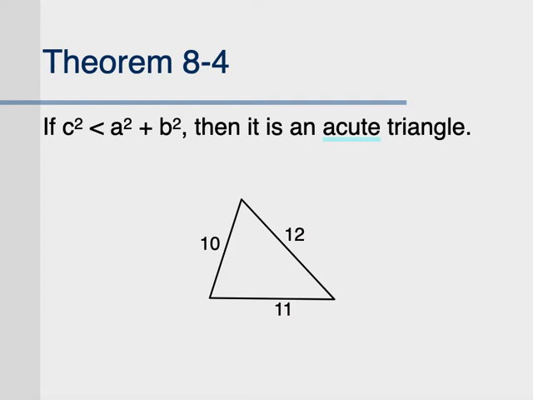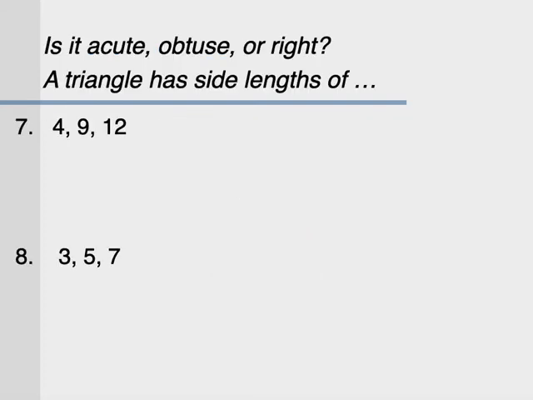Now, to use these theorems to identify what type of triangle you have based on the side lengths, here's how I set it up. Make a note to yourself. Start with c squared, then draw a circle to represent the space where later you're going to put an equal sign or an inequality sign of some kind, and then b squared plus a squared on the other side. So looking at 7, what would have to be the c? It would have to be 12 because that's the biggest number, so that would be the longest side.